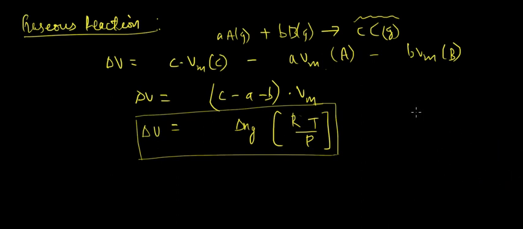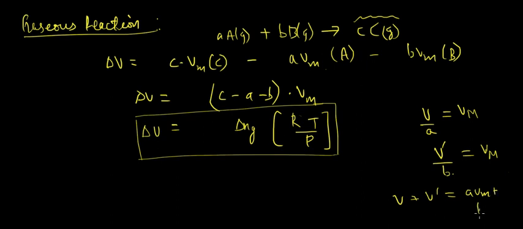The volume occupied by 1 mole of A would be V upon A. Similarly, the volume occupied by 1 mole of B would be V dash upon B, and the total volume in this case would be V plus V dash, that would be A times Vm plus B times Vm of A and B.